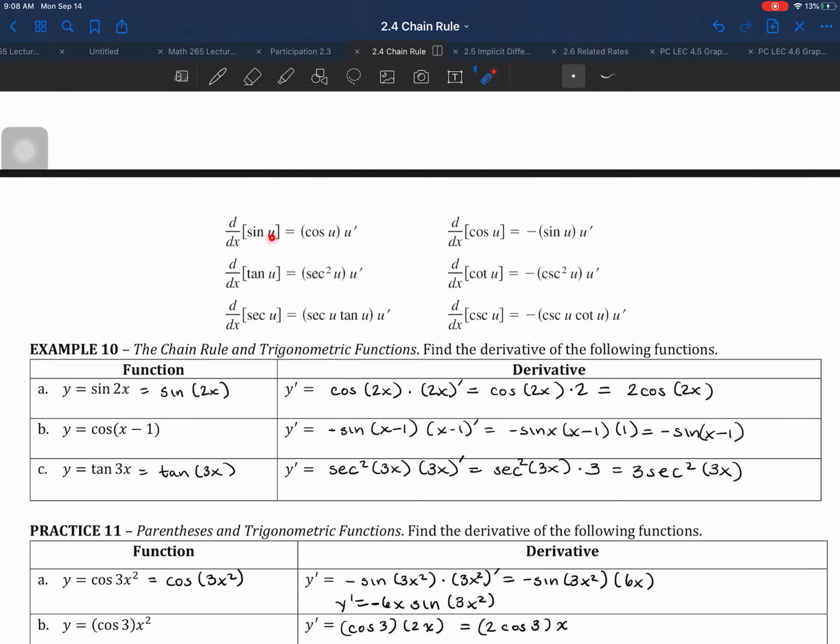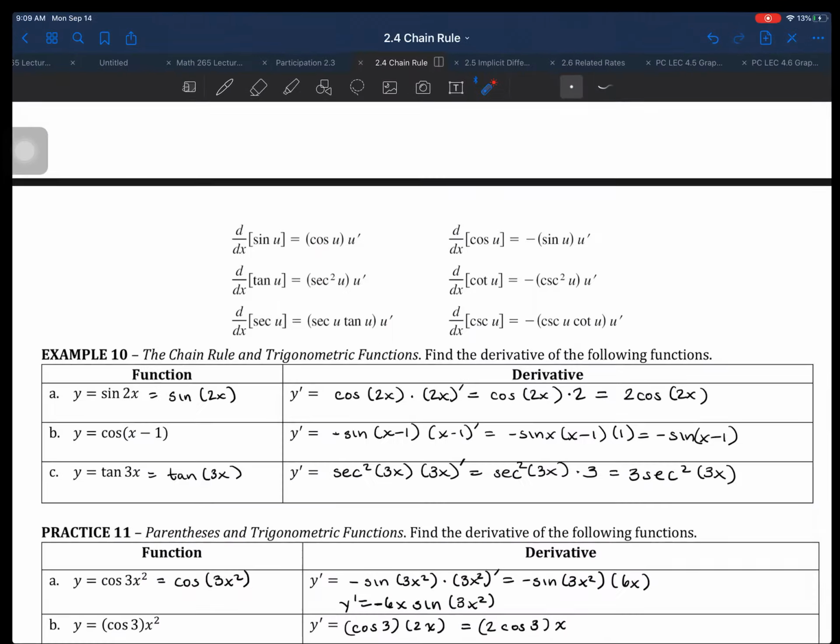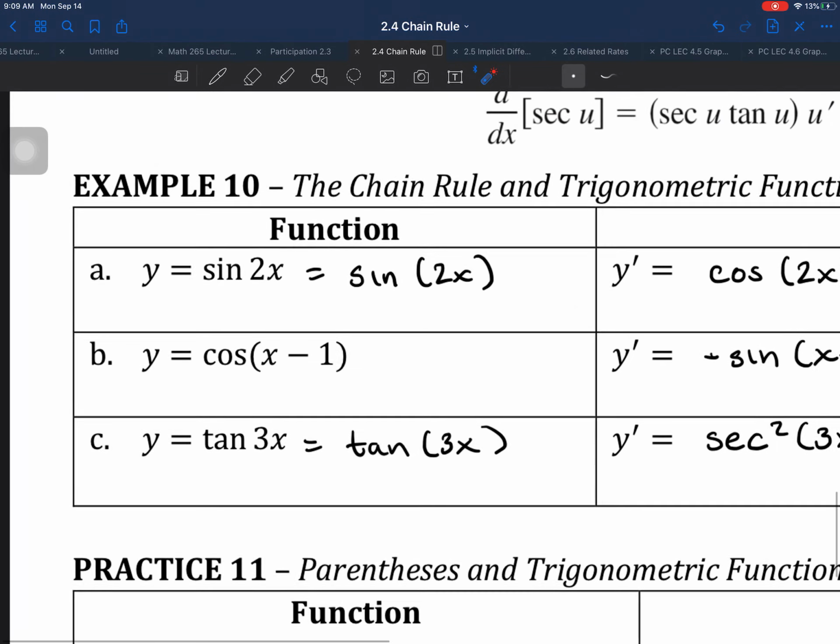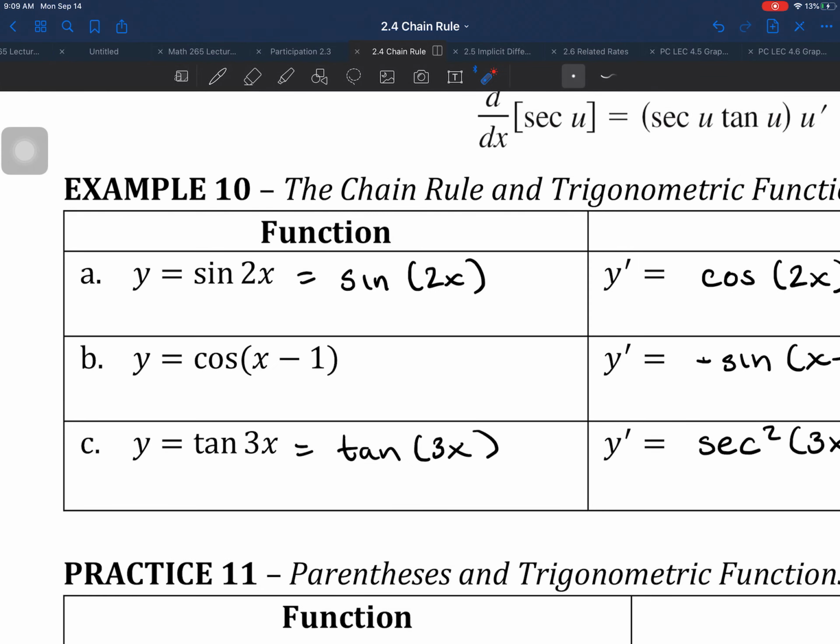What's inside the sine is your inside function, and then at the end when you multiply by the derivative, that's going to be outside the cosine function. It's no longer inside this cosine, right? It's outside. It's a product of the cosine, not a product of u. Hopefully that's clear. So let's look at a few tricks here. So when we have y equals sine 2x, right?